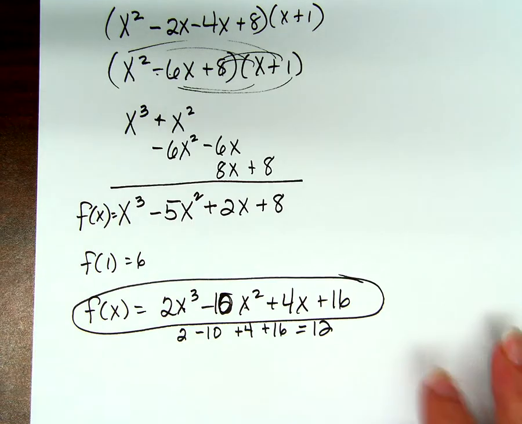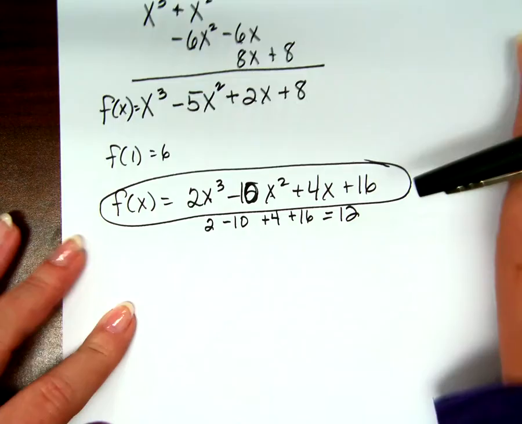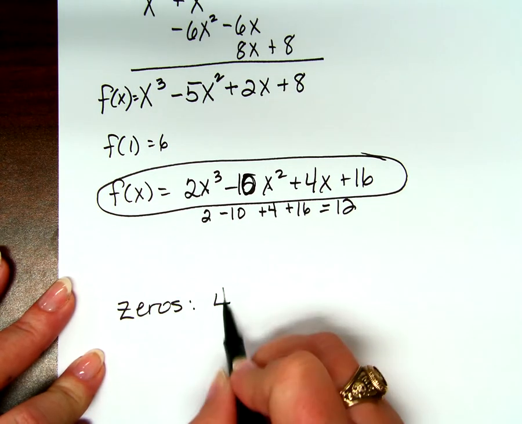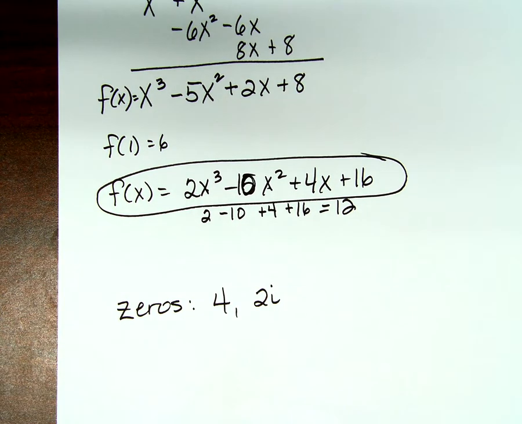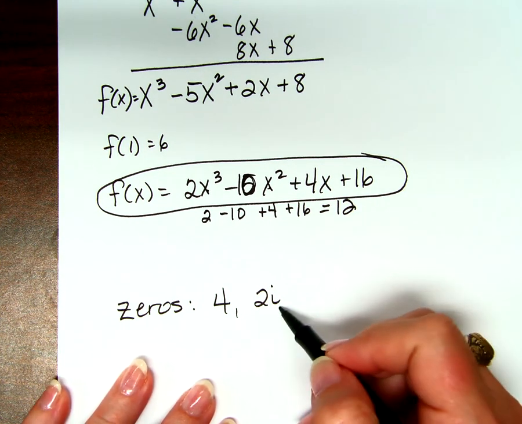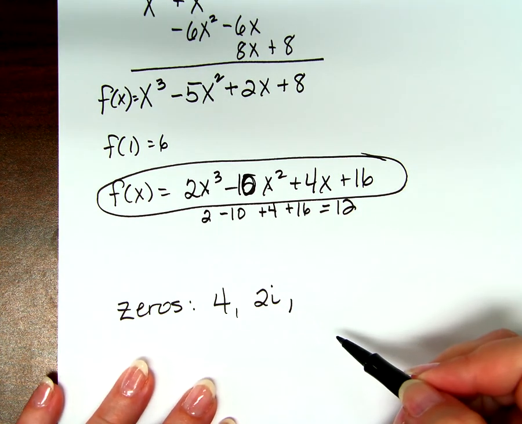Okay? Now the trick comes when they tell you the zeros are 4 and 2i. Well, you have to remember back to complex numbers, either from what we already learned this year or from back to Algebra 2, to know that if you have one zero of 2i, you automatically have another one.